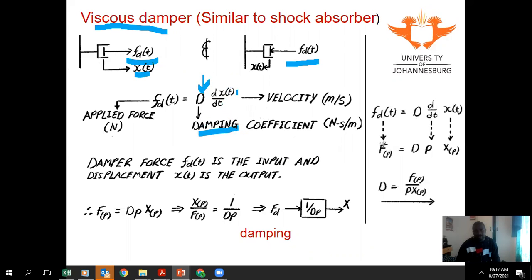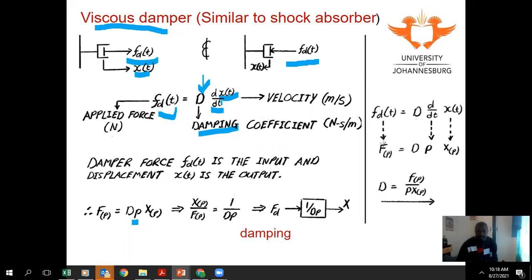Now, to get velocity, or the rate of change in displacement, we differentiate displacement with respect to time, and then multiplying that by the damping coefficient will result in the damping force. So if we again make it to the p domain, we replace that with p, coming from symbols used in Laplace transform.